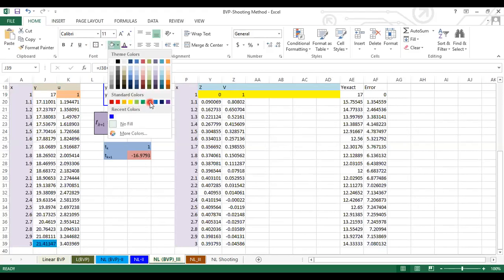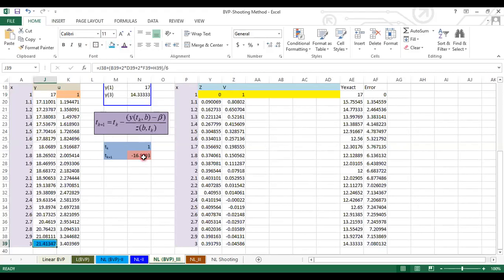So this value is required in the expression which is written at location N27, and also we require z(b, t_k). This value is the value of z at the last point. So let me highlight this value as well and see the expression.